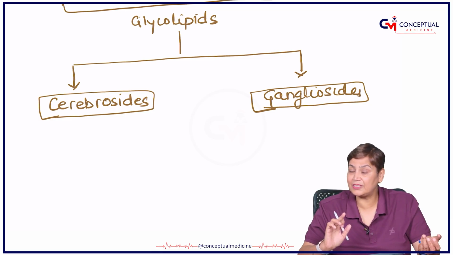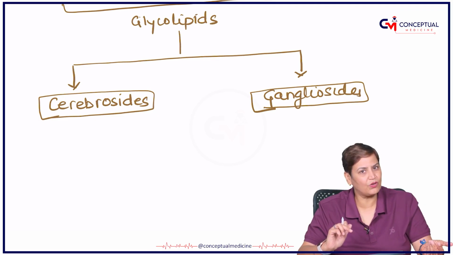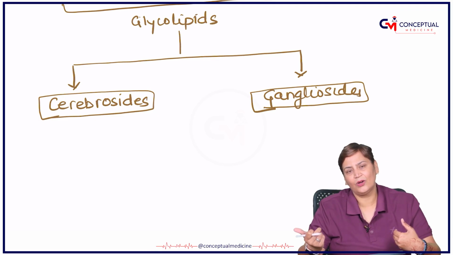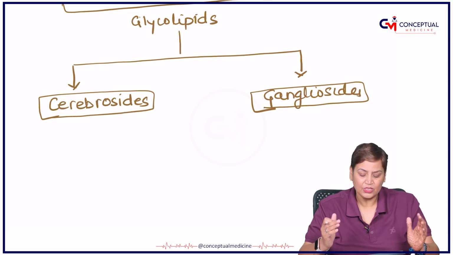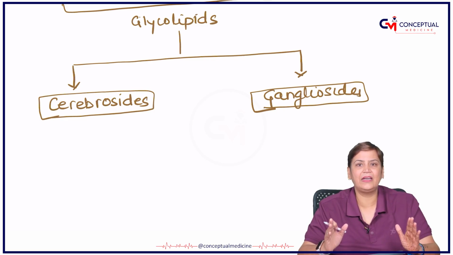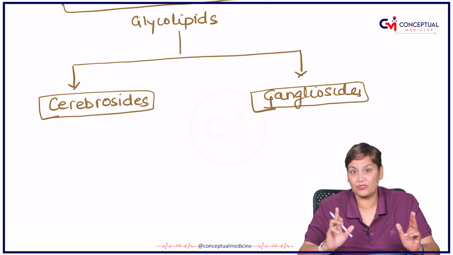But in phospholipids, there are two different alcohols. If it is glycerol, we call it glycerophospholipid. If it is sphingosine, it is known as sphingophospholipid. Okay, so this is about the phospholipids and the glycolipids, just the chemistry.